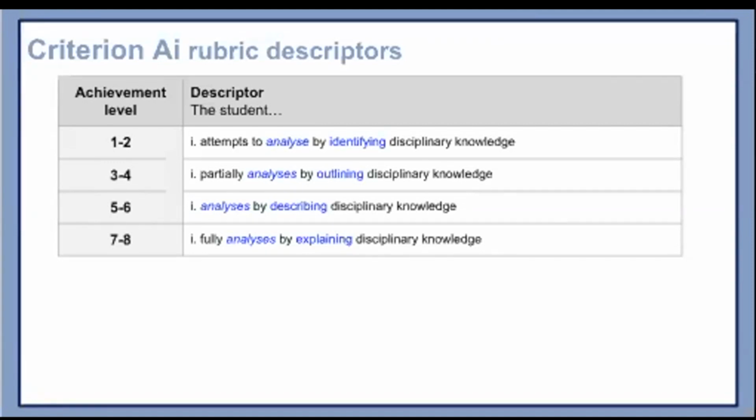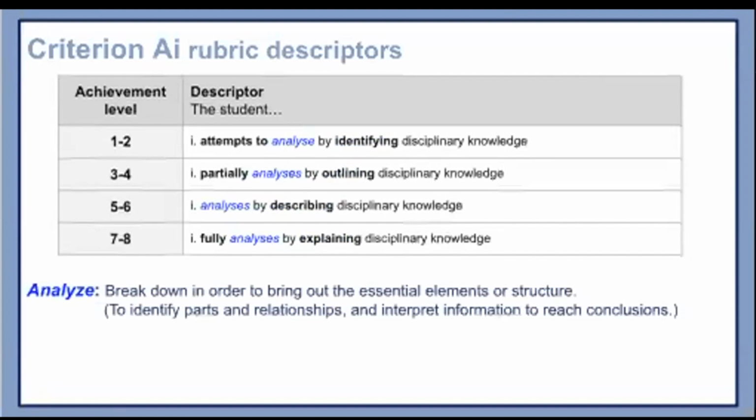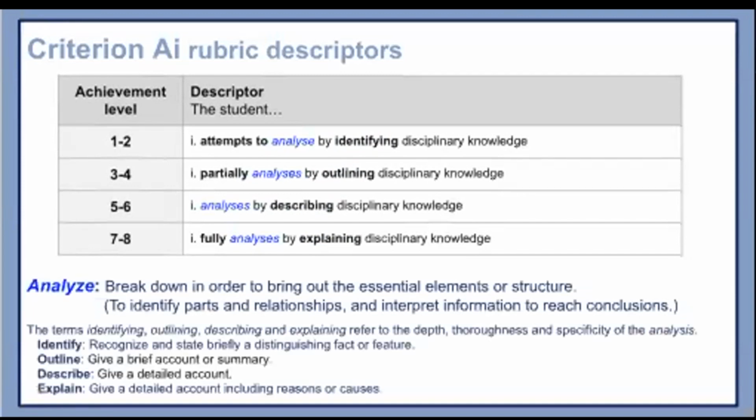Let's try to break that down. It's important to remember that the command term in criterion A1 is analyze. That's the command term. The bold terms, attempts to, partially, fully, identify, outline, describe, explaining, those are level differentiators.